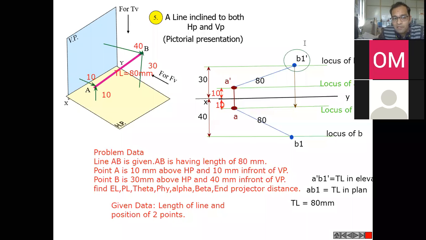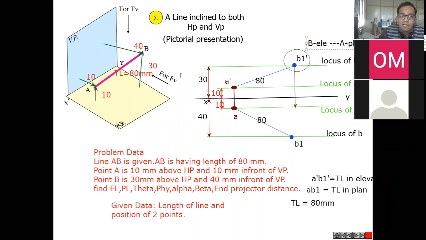We can say we had started from the position B in elevation, and we'll reach up to which point? We'll be reaching to A in plan. B in elevation से start करके A in plan तक हम लोग जा रहे हैं. A in plan कौन से लाइन को रिप्रेजेंट करता है? It represents locus of A line. So we'll be extending that projection or developing that projection till the locus of A.